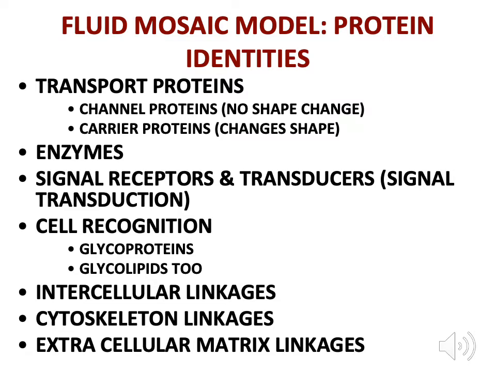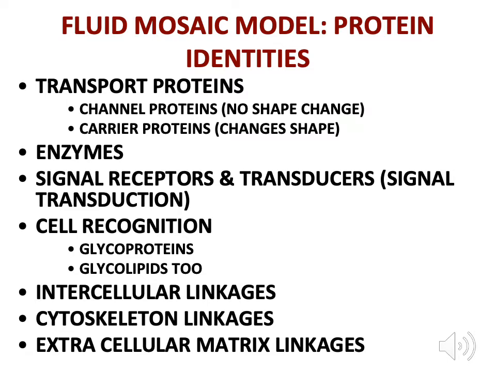Now, there are sometimes lipids that look almost the same. A lipid can be embedded in the cell membrane, and it can have a carbohydrate chain as well. And so lipids featuring carbohydrate chains are called glycolipids. And glycolipids give us the same basic function.